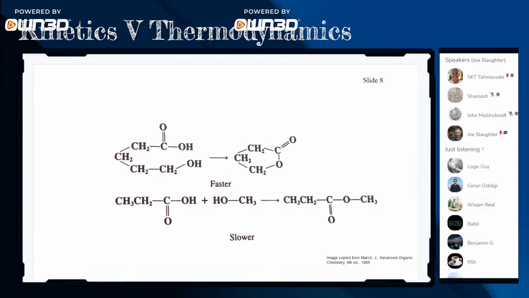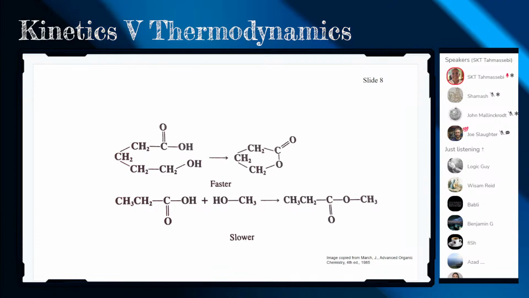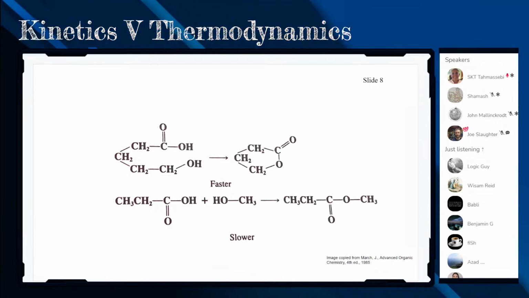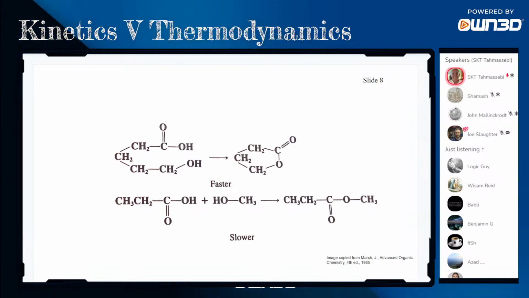The answer is that the delta S in the top one is a lot more favorable because we start with one molecule and then we end up with one molecule. And everything is right there next to each other. There isn't a lot of movement of atoms for that reaction to take place.